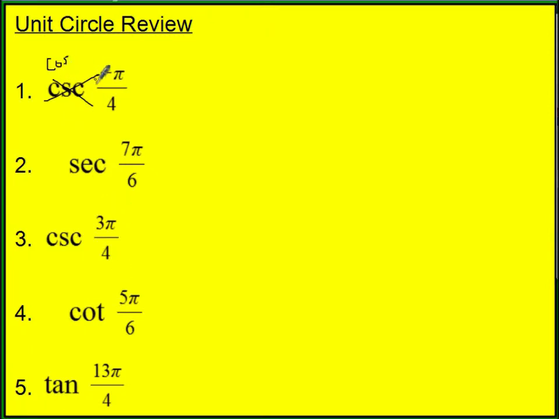Suppose we want to know cosine of negative pi over 4, just to illustrate how this works. A simple way to do this, I usually draw a circle. I know positive pi over 4 is 45 degrees in a counterclockwise motion, so negative pi over 4 would be 45 degrees in the clockwise motion.